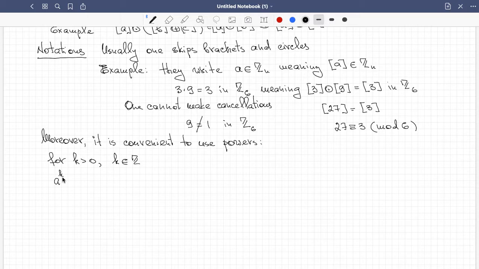We still live in Z mod n, so this is the same thing as the class to the k, which is the same thing as a times a, k times.